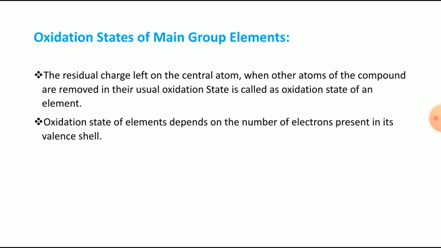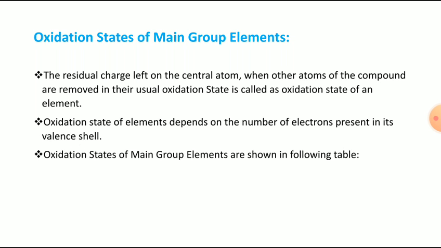Its general electronic configuration is ns2np1. That means in the outermost shell of boron there are three electrons, that is ns2np1, a total of 3 valence electrons. The oxidation state of that particular element depends on those valence electrons.